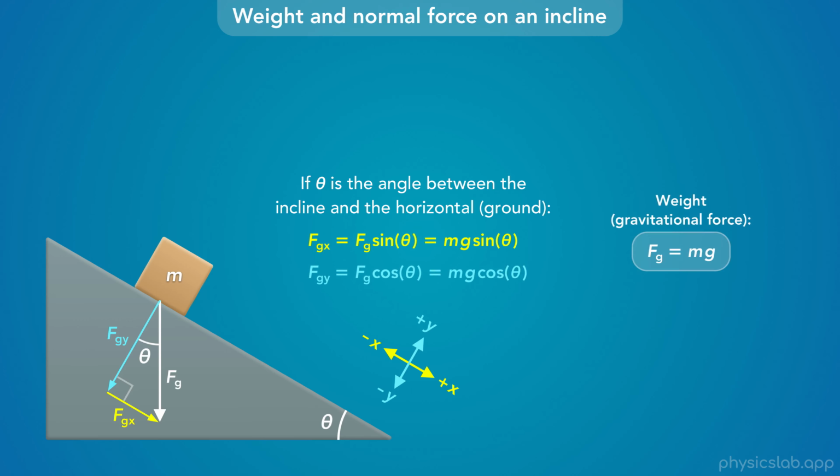And we can replace Fg with m times g from the equation for the weight force. This is something that you'll probably start to memorize after you work through some incline problems, but you can always figure out which angle is which and when to use sine and cosine using the steps we followed earlier.